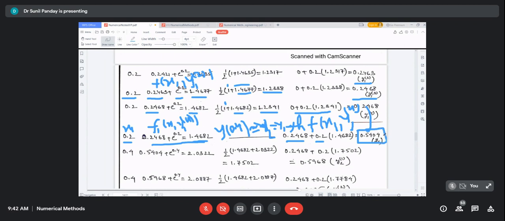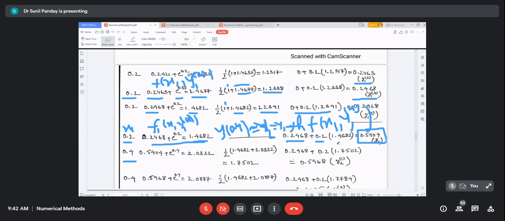So once you have the first value of y2 using Euler's method, now you correct the value of y2. To correct the value of y2, this is your x2, because h is 0.2 and x naught is 0, so x naught plus 2h is 0.4. So this is your x2.